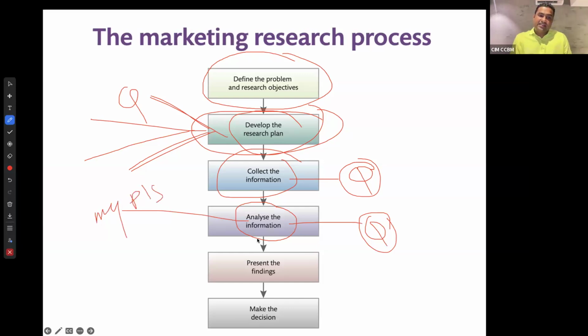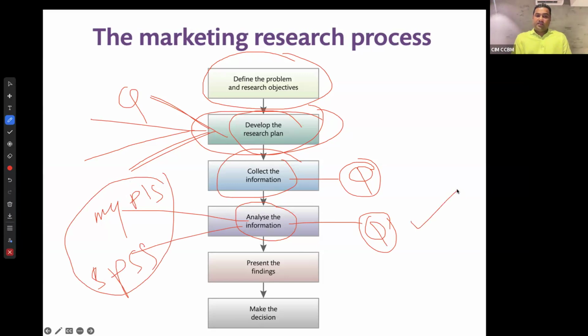These are statistical software which you will not learn in this course. But these are complicated software that researchers use to analyze data, especially from questionnaires. And these will throw out tables, charts, graphs, so that you can present the findings to your management. And the management would then make an informed decision.